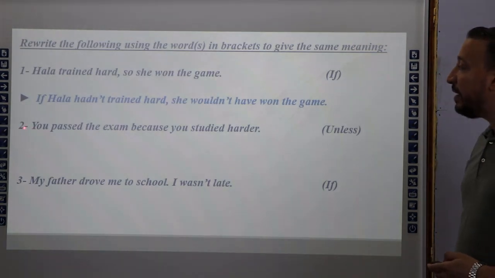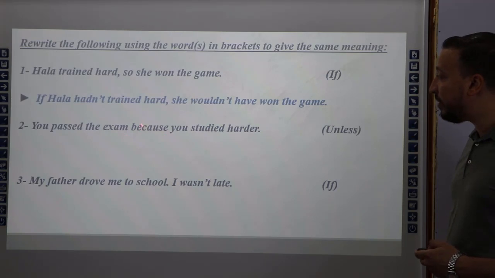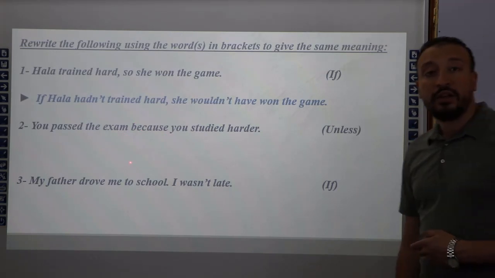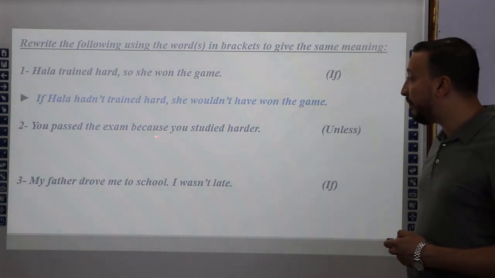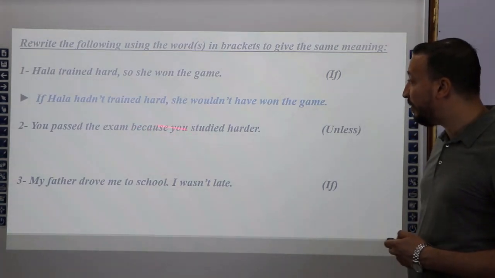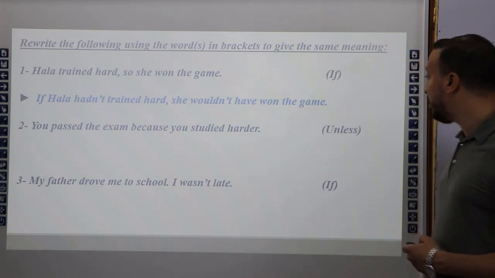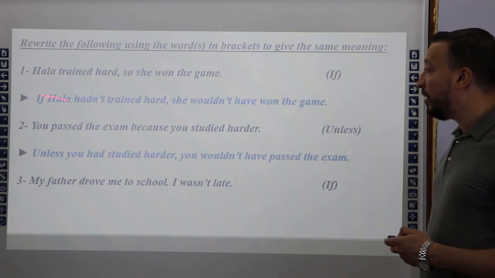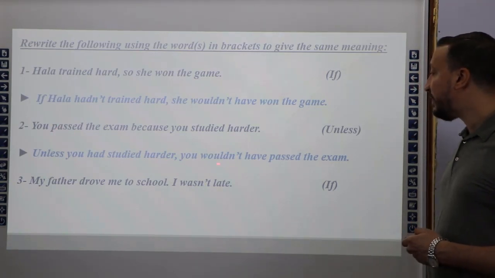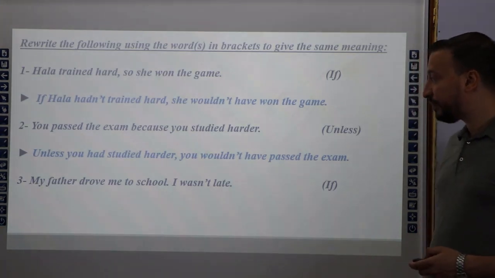The second: you passed the exam because you studied harder. Since I have because, we start the if sentence with the sentence following because, which is you studied harder. So, if you had studied harder, positive becomes negative, you wouldn't have passed the exam.